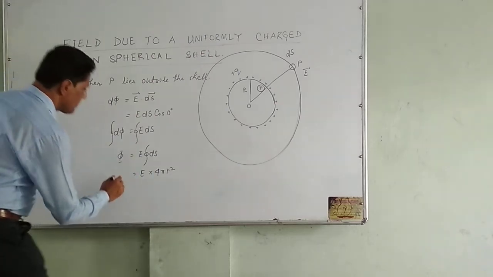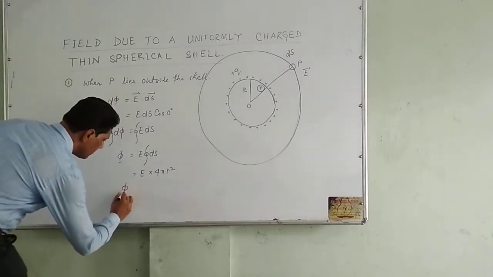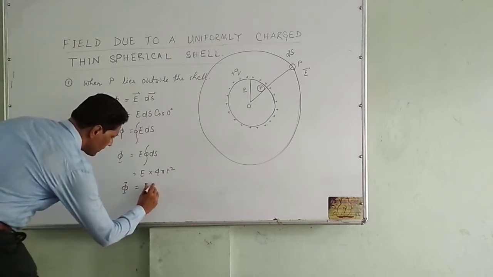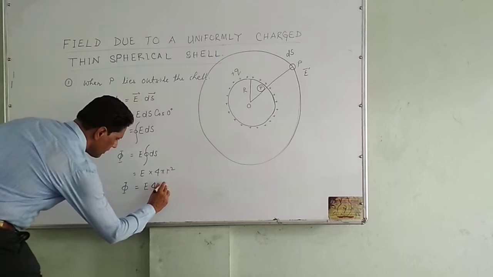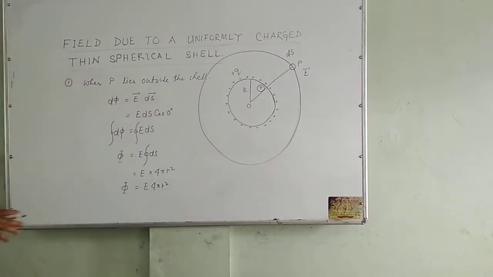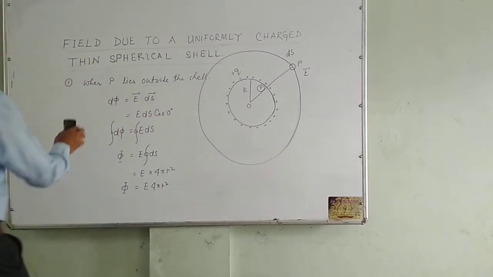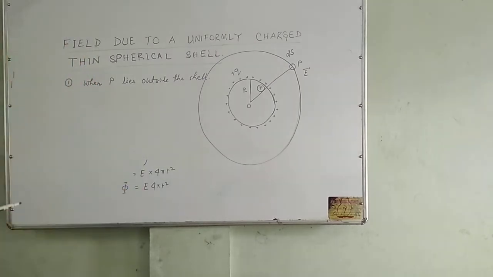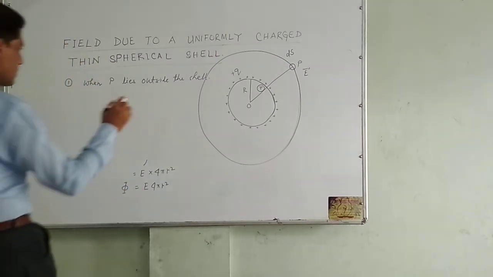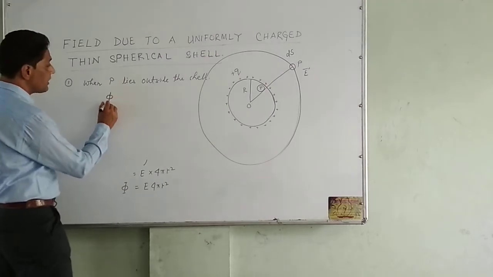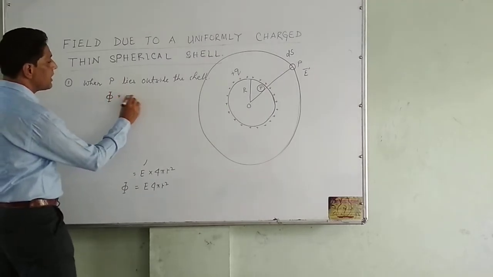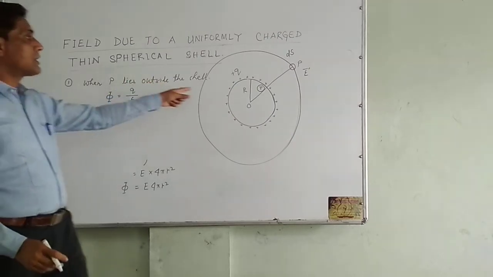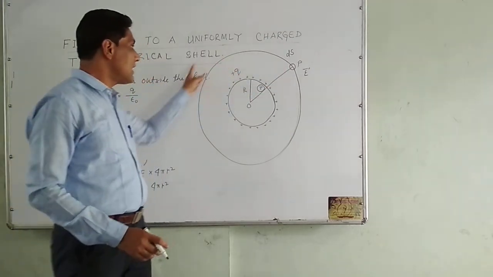So we will find phi to be E 4 pi r square. Remember this result. Now from Gauss's theorem, phi is equal to Q by epsilon naught, where Q is the total charge that this surface encloses.